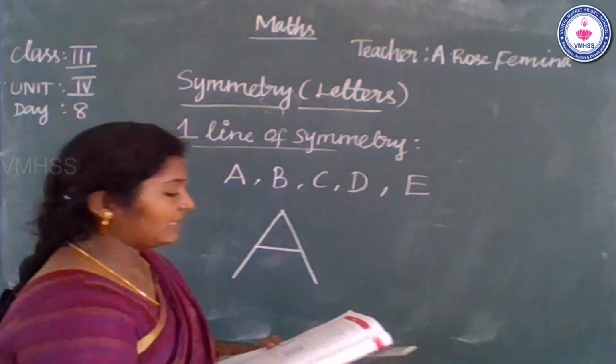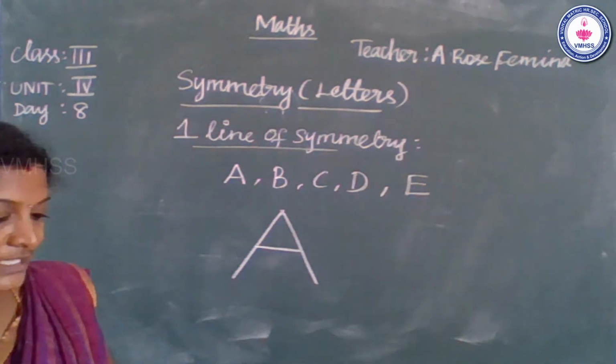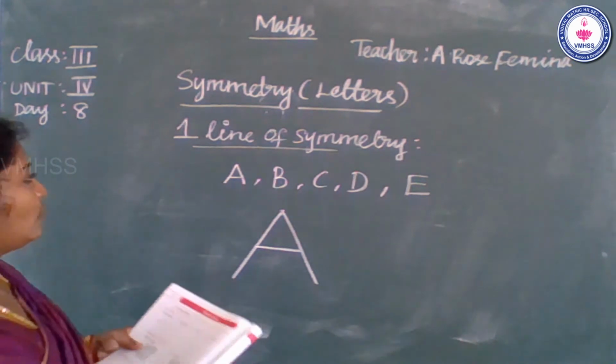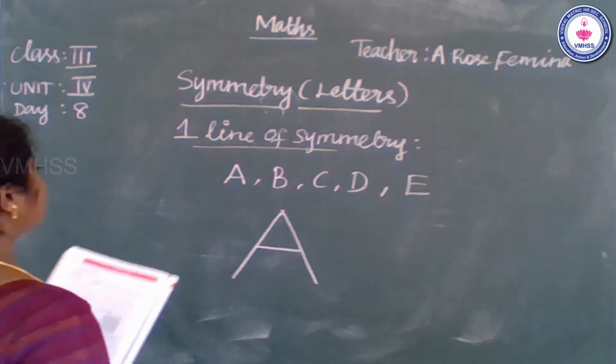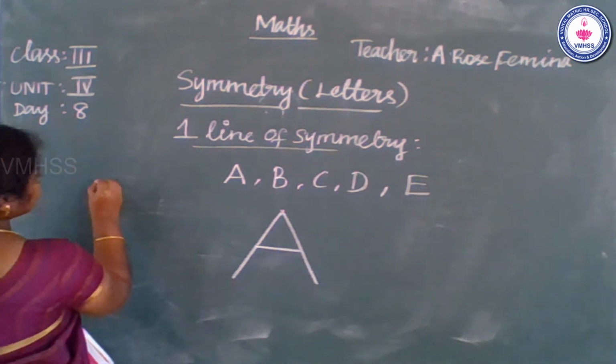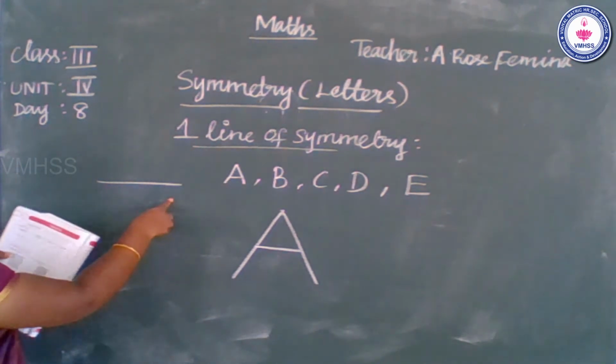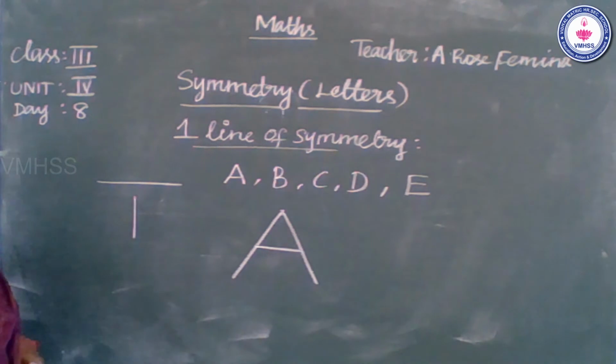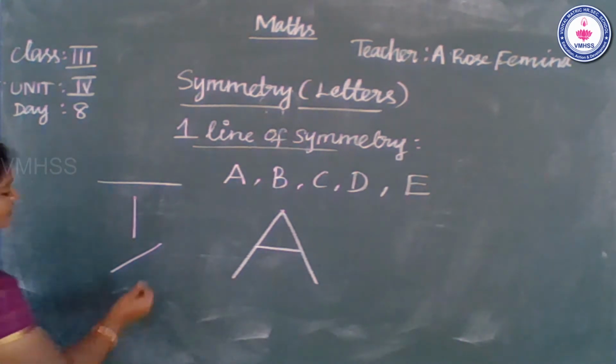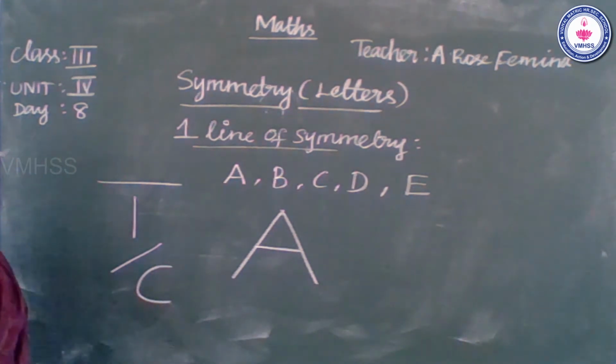First we recall the types of lines. What is a horizontal line? This is a horizontal line, this one is a vertical line, this line is a slant line, and this one is a curved line.